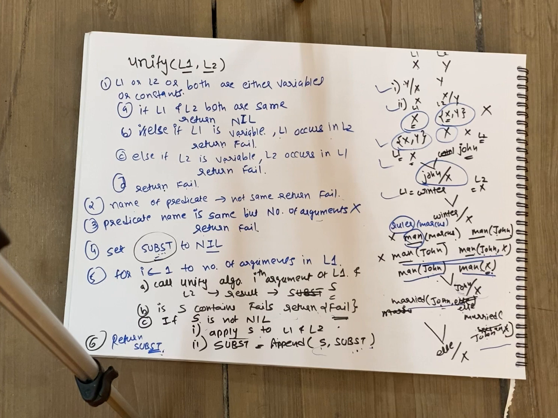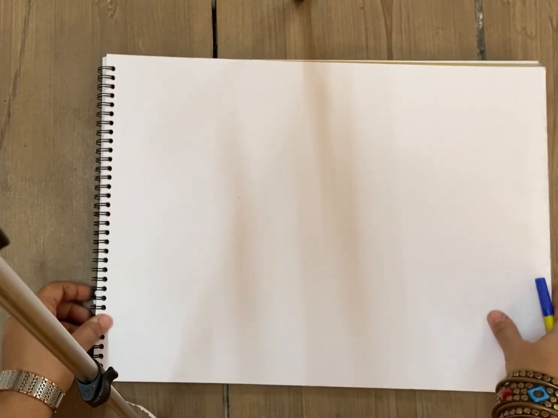Now what we are going to do is solve a few examples, and after solving the examples, we'll be discussing the algorithm of resolution. Before that, we will write the algorithm of resolution from the algorithm we have discussed with the help of propositions.